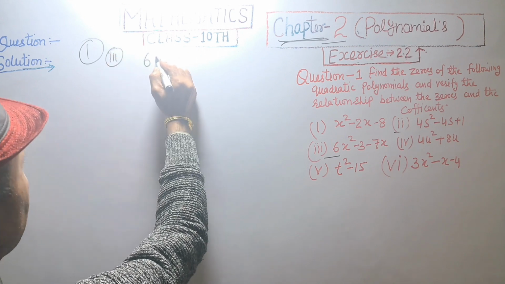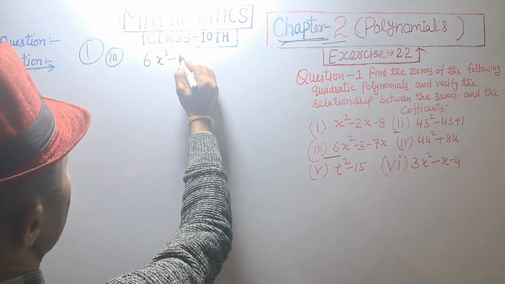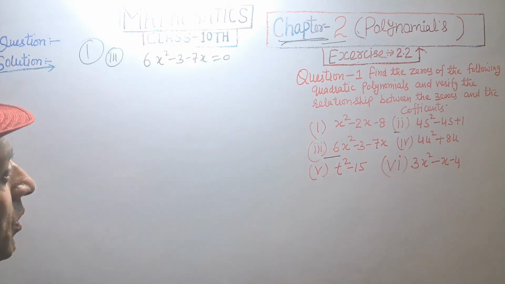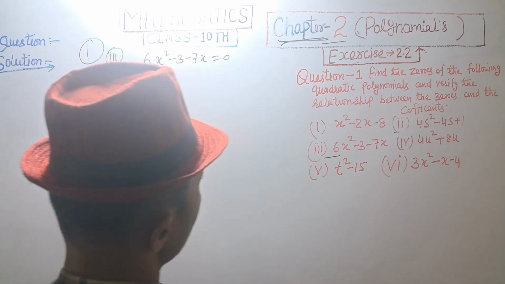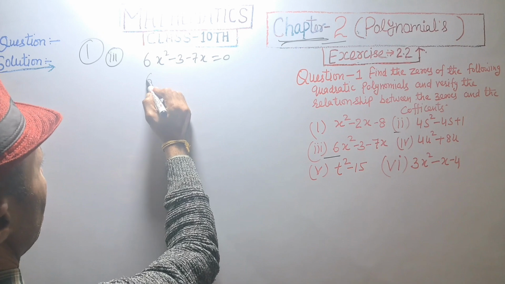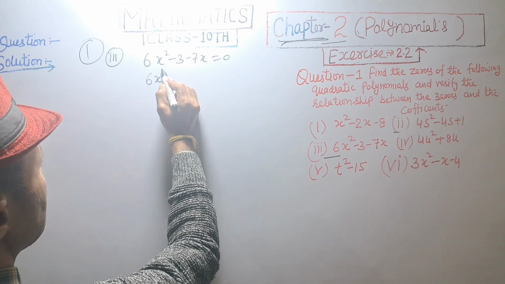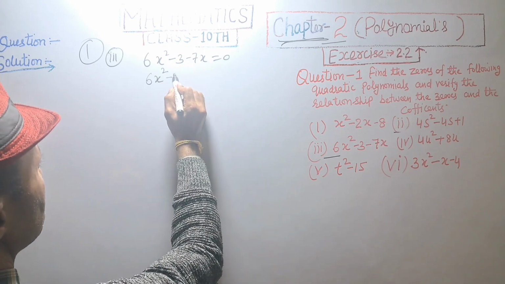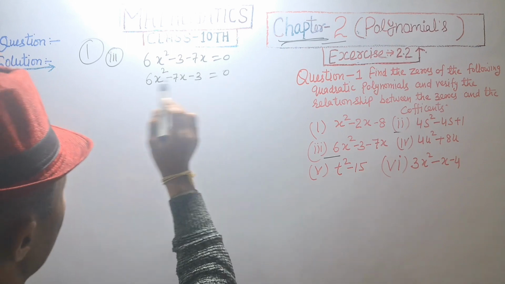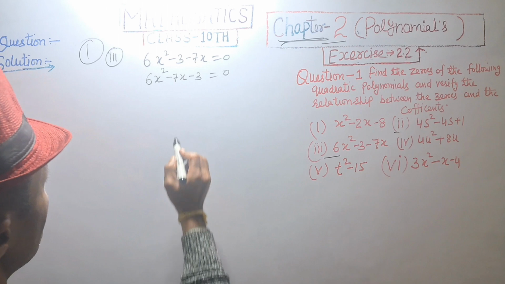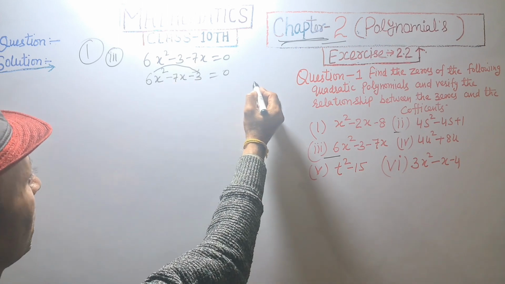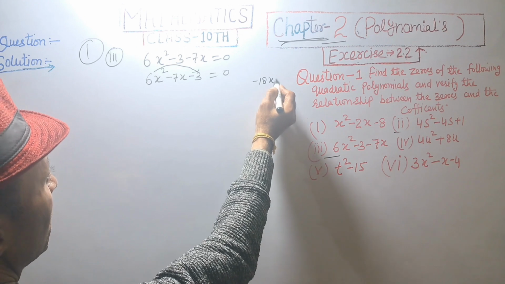Third part, 6x square minus 3 minus 7x equal to 0. We find the zeros of the given polynomial and write it as 6x square minus 7x minus 3 is equal to 0. It's a quadratic polynomial and we are splitting the middle term. Product of first and last is equal to minus 18x square.